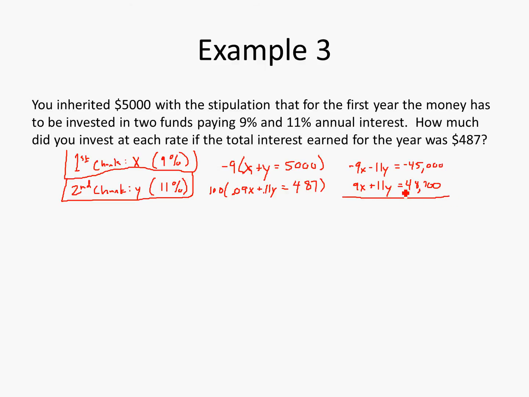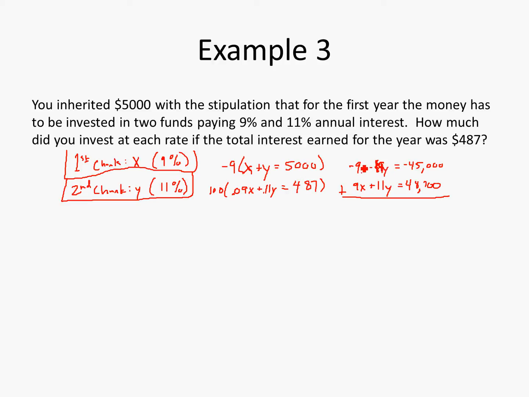Wait, I made a mistake. This should be minus 9y, not negative 11. Because the negative 9 you have to multiply by all the parts. I don't know why I did that. I think I was looking below it.